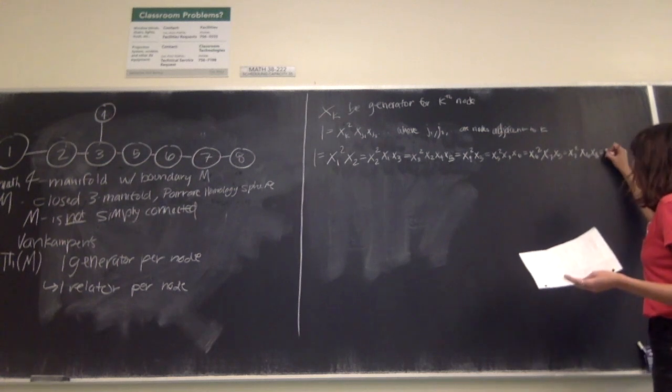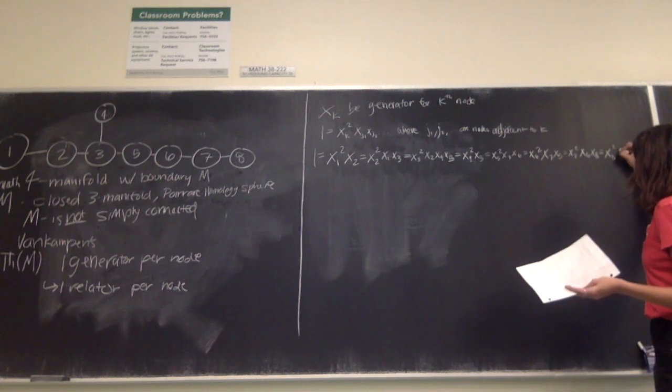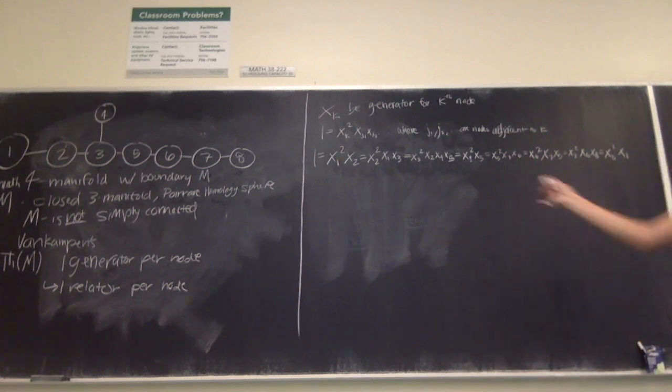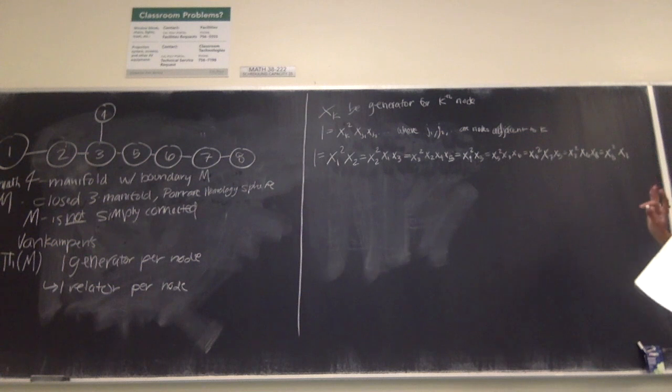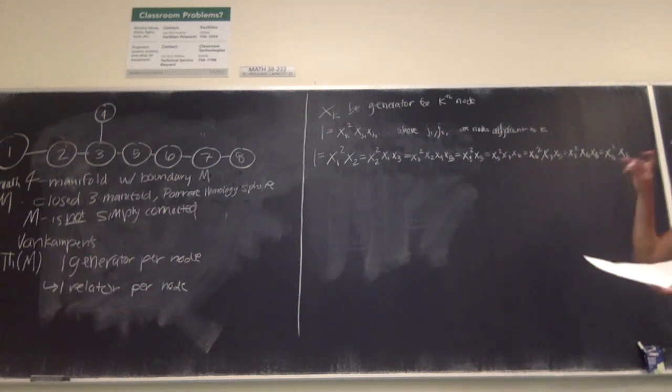And then finally we get x8 adjacent to just x7. So we get this whole equation where we have a bunch of different x sub i's, and they're all going to equal 1 in this sort of relation.